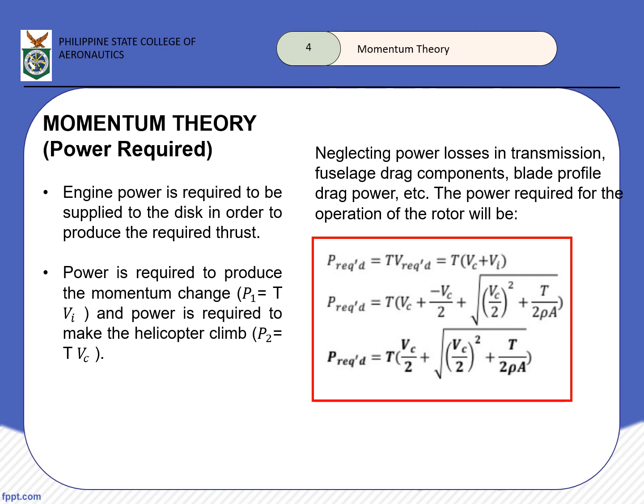Okay, so neglecting power losses in transmission, fuselage drag components, blade profile drag power, and so on, the power required for the operation of the rotor would be this one. So take note of what we neglect and what we signify.